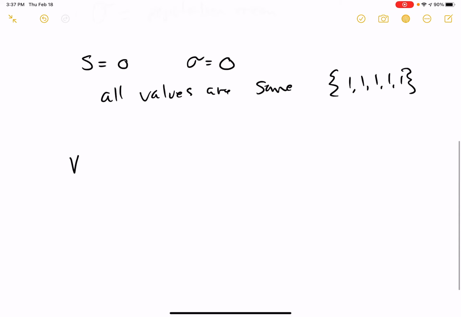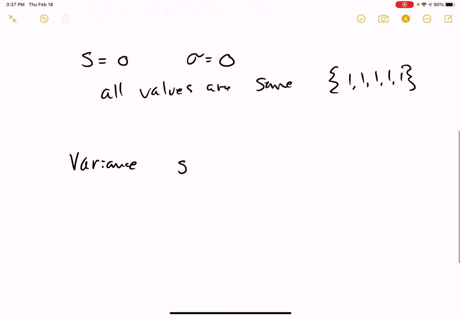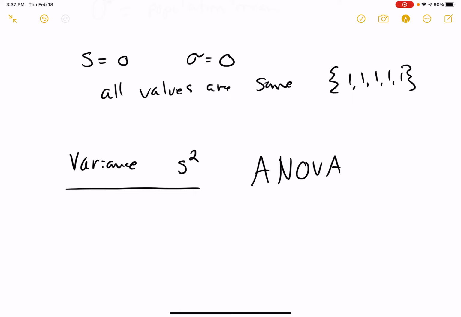Your variance is not something that we will use in this class, but going forward, it's just the sample standard deviation squared. So we use this when we look at analysis of variance. If you guys ever do something called an ANOVA test, that stands for analysis of variance.